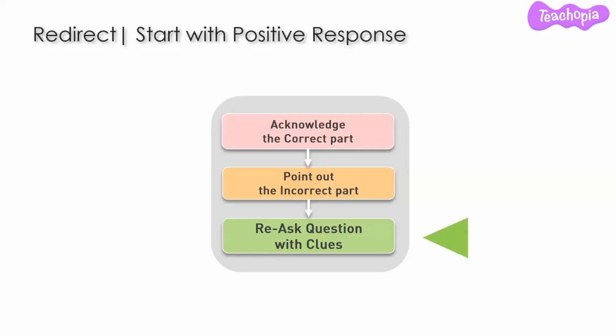But we've purposely kept this as a third step. Why? Because first we want to strategically address the students' effort, acknowledge it, point out the incorrect part in their answers, and then go ahead and re-ask questions. So how do we do that?